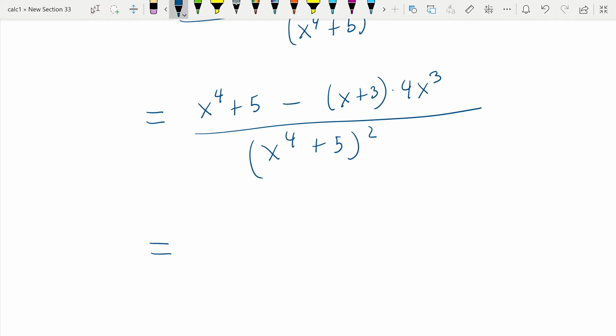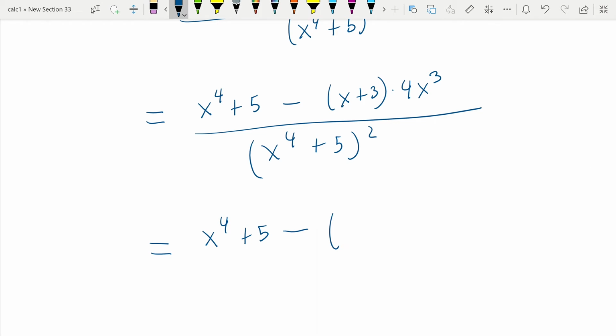This is equal then to x^4 + 5. Be very careful. I want to go over this; it's elementary arithmetic, but I've seen some mistakes when you expand what's inside a parenthesis once you bring the minus sign inside. So let's not skip any steps.